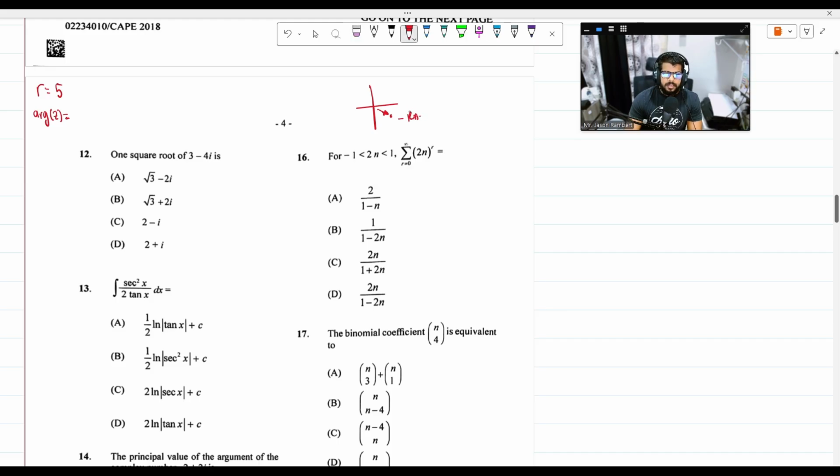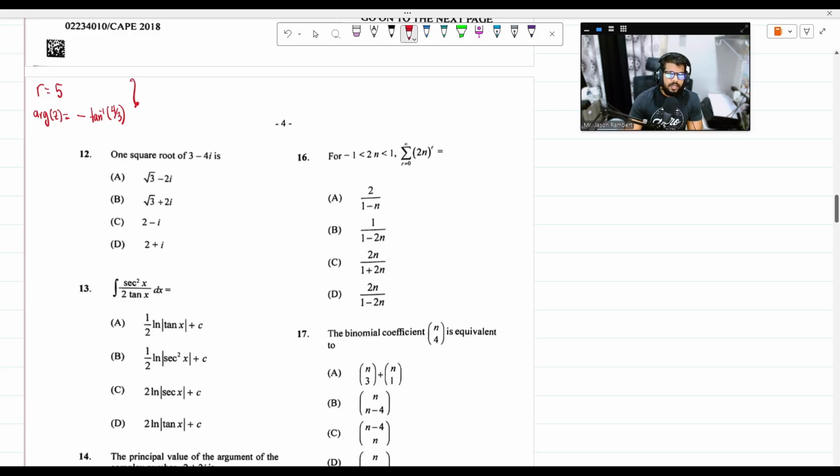So the reference angle is going to be tan inverse of 4 over 3. Now that is not an exact value, so I'm going to put arg z as negative tan inverse of 4 over 3. That's the argument of this complex number.